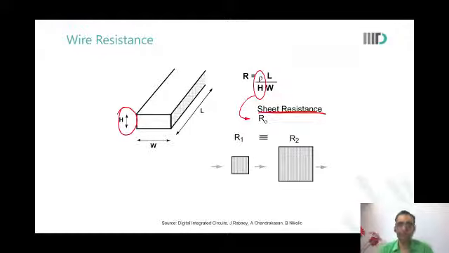So the total resistance of a wire, rho over H, is actually constant for you. Your overall resistance then is only dependent on L by W, which we can say is equal to the number of squares that I can make on this wire in the direction of flow of current.